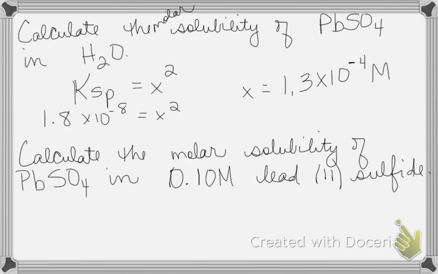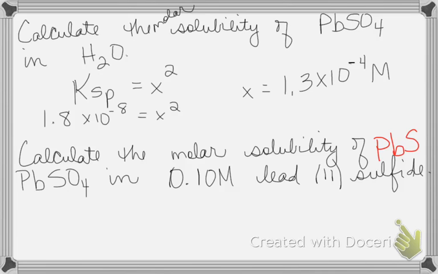Since it's lead 2 sulfide, do you see that that formula is PbS? Do you see then that it would be 0.1 molar lead and 0.1 molar sulfide, provided all of it dissolved?